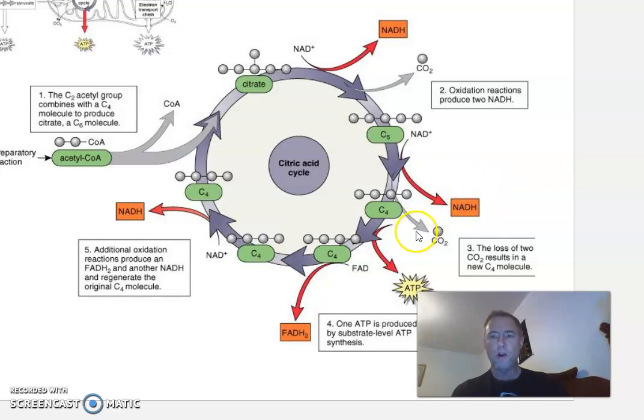And these carbons on the carbon dioxide that we're going to be exhaling always came in from the glucose that we ate, or we can also break down fatty acids the same way, and amino acids if we had to. But the carbons here came from the glucose, so these 2 carbons that we're getting rid of were always these 2.